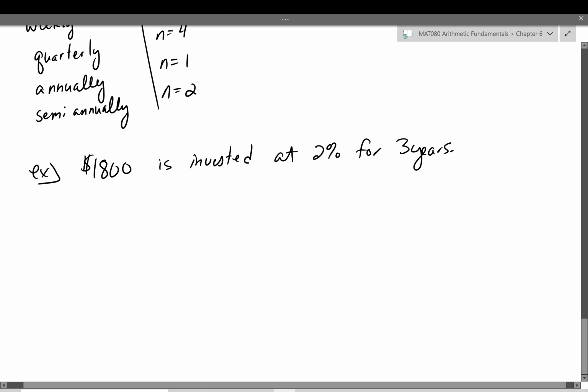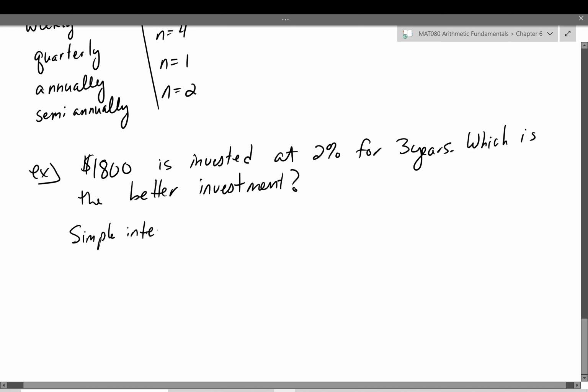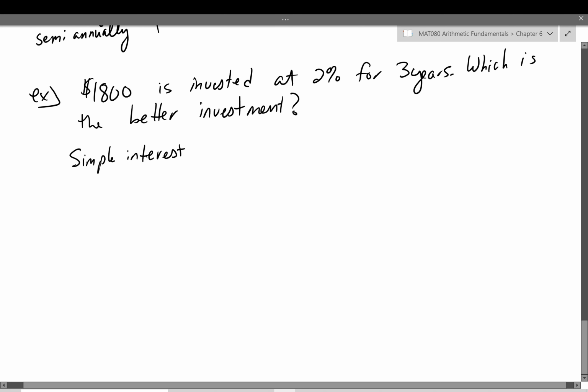Which is the better investment? All right, and we're going to compare the two. We're going to compare, I don't want to put letter A, we'll just put this. We'll put simple interest, okay? Or compounded quarterly.